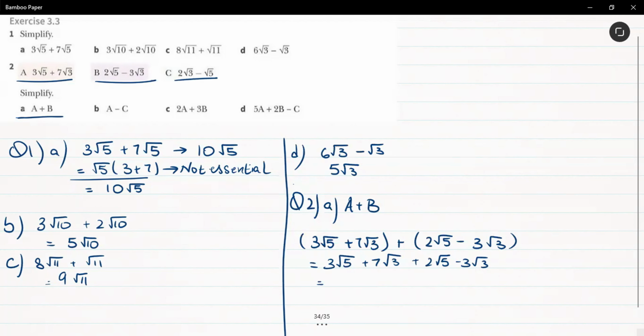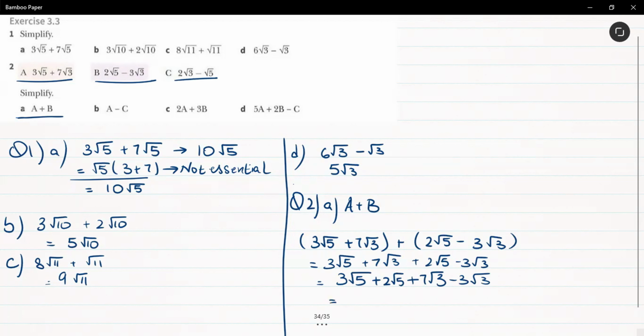Now, as we discussed in the intro, we have to couple up the values of the surds which are the same. So 3 under root 5 plus 2 under root 5, we are just rearranging the equation in this step, plus 7 under root 3 minus 3 under root 3. So rearranging the equation right now.